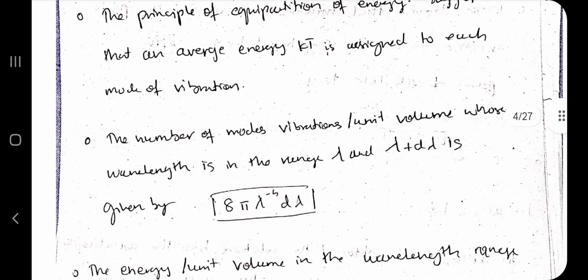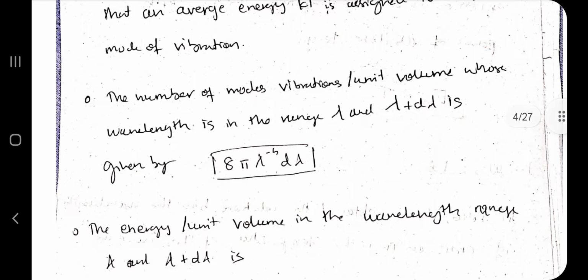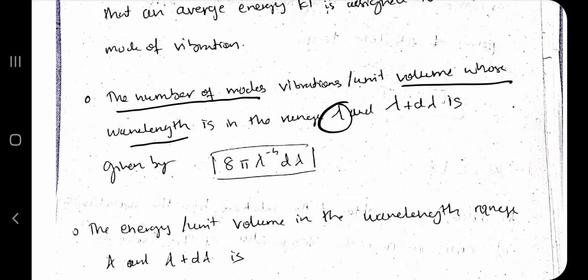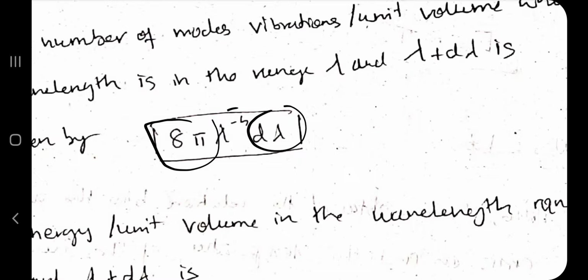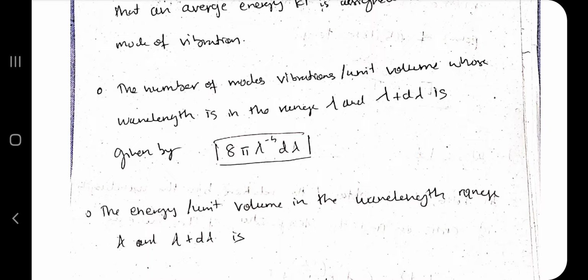The number of modes of vibration per unit volume whose wavelength is in the range lambda to lambda plus d lambda is given by this equation. It is a pretty simple equation: 8 pi you already know, d lambda is here, and you just have to include lambda to the power minus 4. This is the energy per unit volume in the wavelength range lambda to lambda plus d lambda.